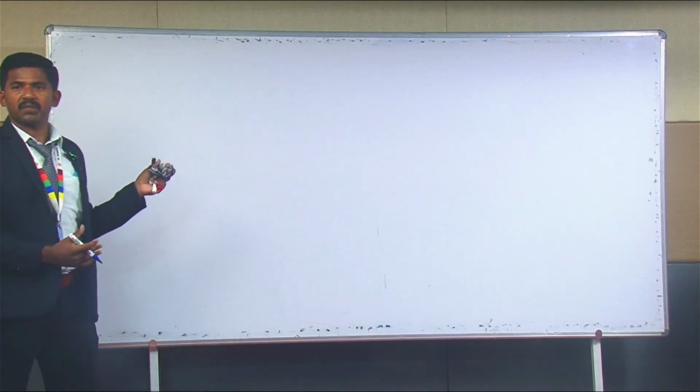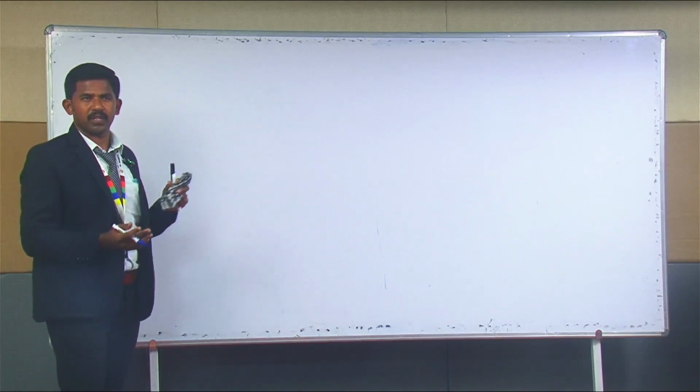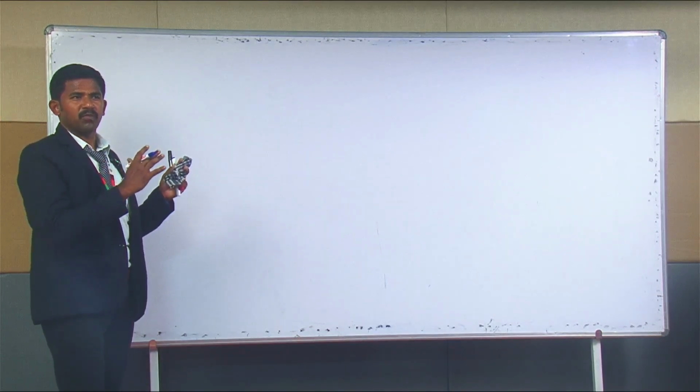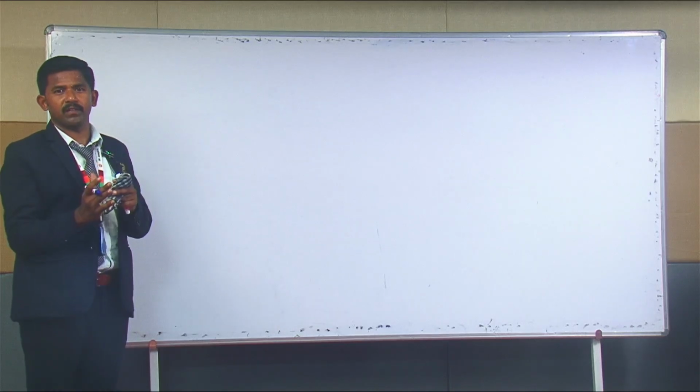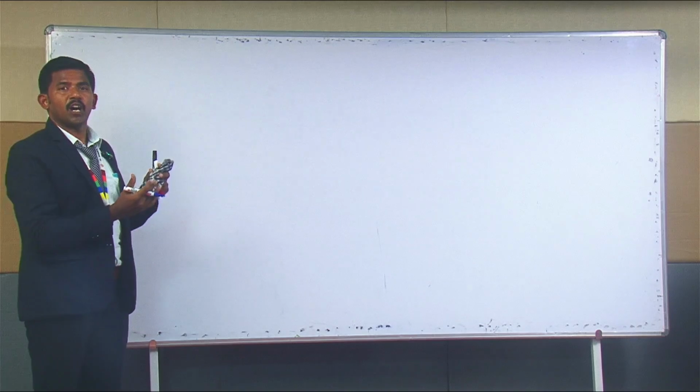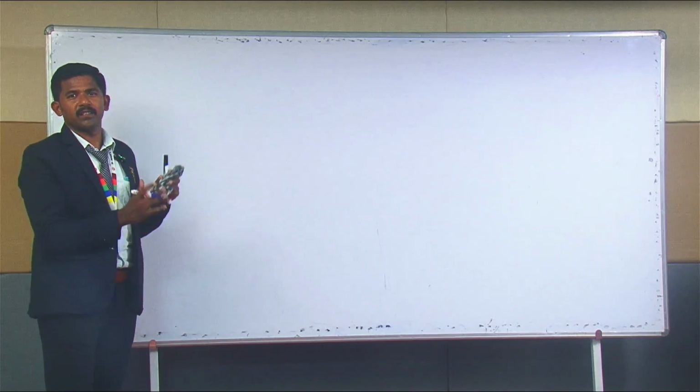Sometimes students confuse these two, permeability and susceptibility. Permeability means how much it allows magnetic flux lines, whereas susceptibility means how much it is magnetized. That is the idea.